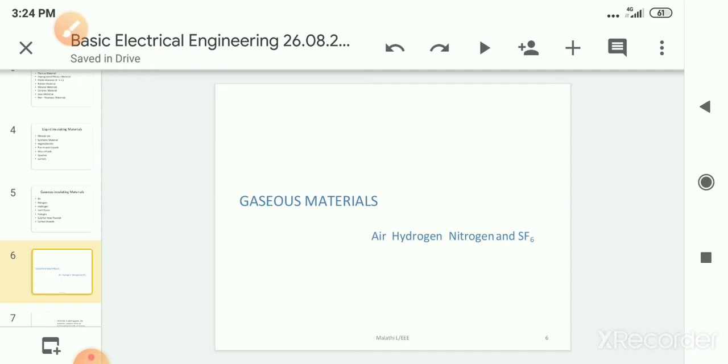Air is a mixture of different gases and contains 78% nitrogen, 21% oxygen, and a small quantity of water vapor, carbon dioxide, argon, and various other components.